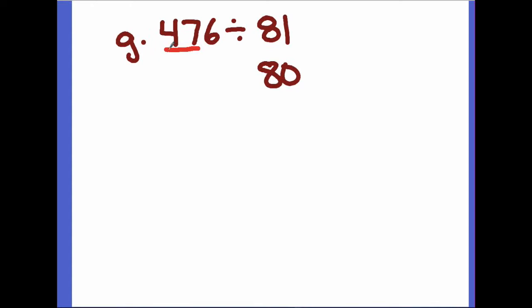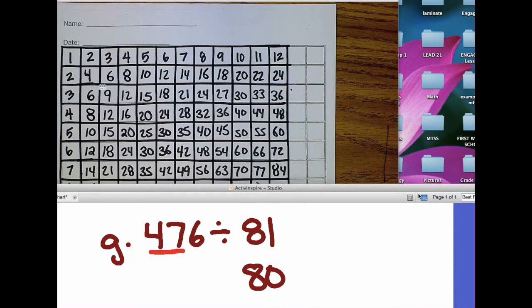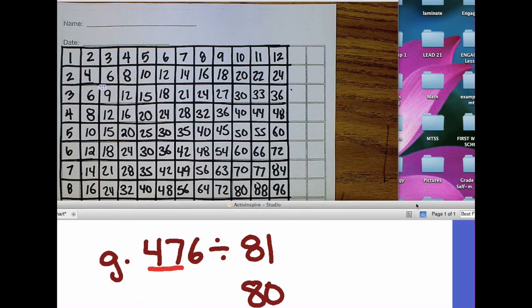You're going to look for the two numbers that 47 is between on your multiplication chart. So if I look at my multiplication chart, I go to the 8, and I have 40, 48. 47's right in there, isn't it?